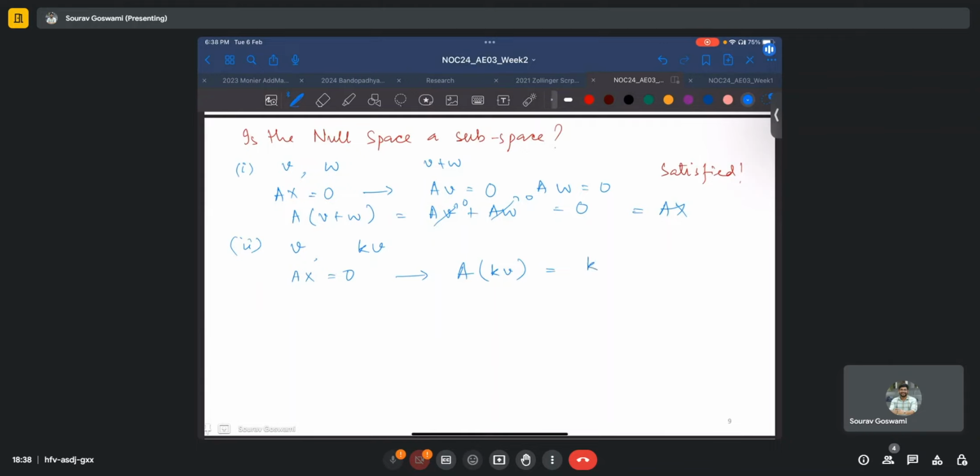So k can indeed be pulled out and I can have AV inside. But this term I know is 0. So this is k times 0, which is 0, which again fits the definition of the null space. So this condition is satisfied as well. So we see that the null space is indeed a subspace.